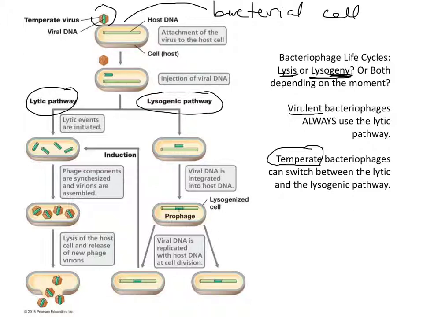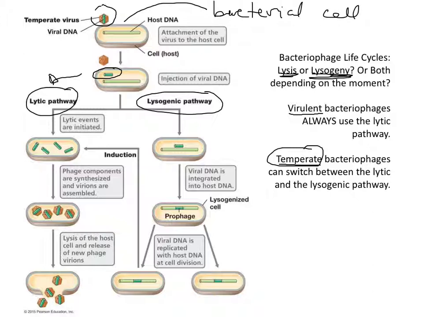In this cartoon, because they're showing us both pathways, they're showing us a temperate bacteriophage. So the virus attaches to the host cell, and that's a very specific attachment as I discussed previously. The genome of the virus enters the host cell, and here it's shown in darker green. And then let's assume that we're proceeding down the lytic pathway, which is all a virulent bacteriophage could do.